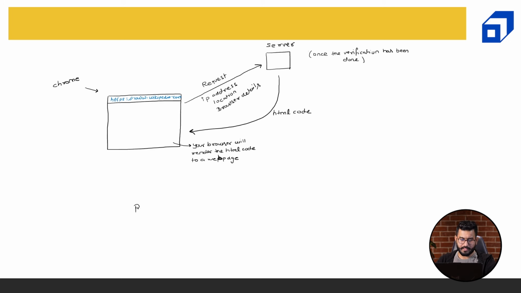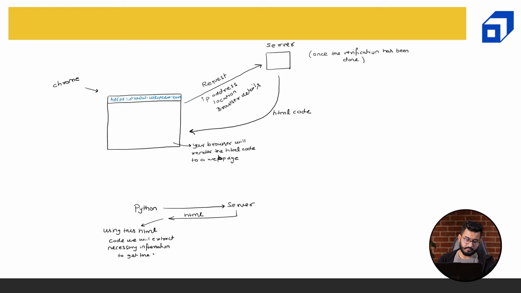So we'll have Python make the request to the server, and then the server will return the HTML code, using which we will extract necessary information to get the data.